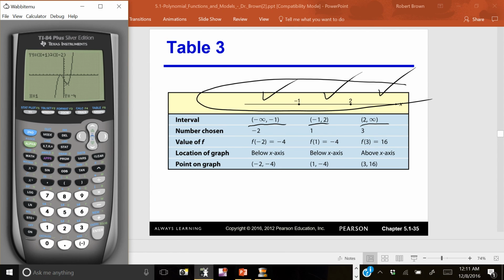And if we put in the value 3, we should get 16.